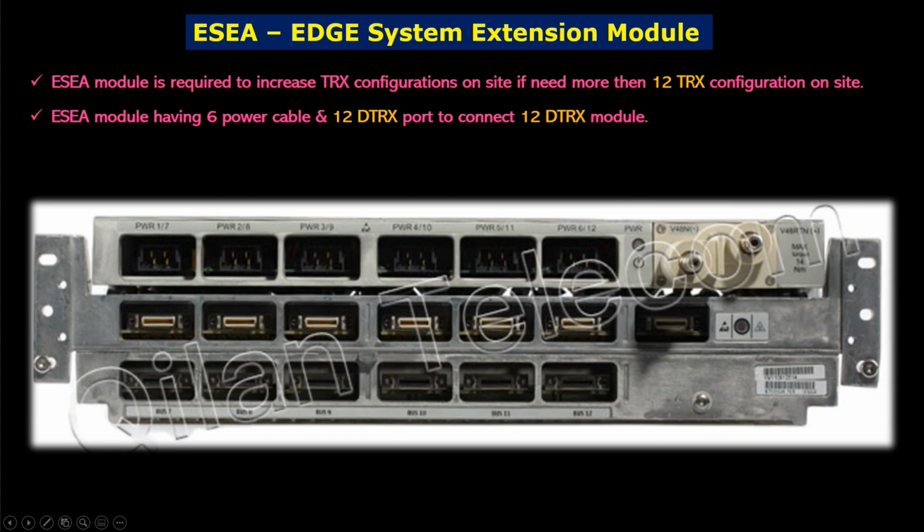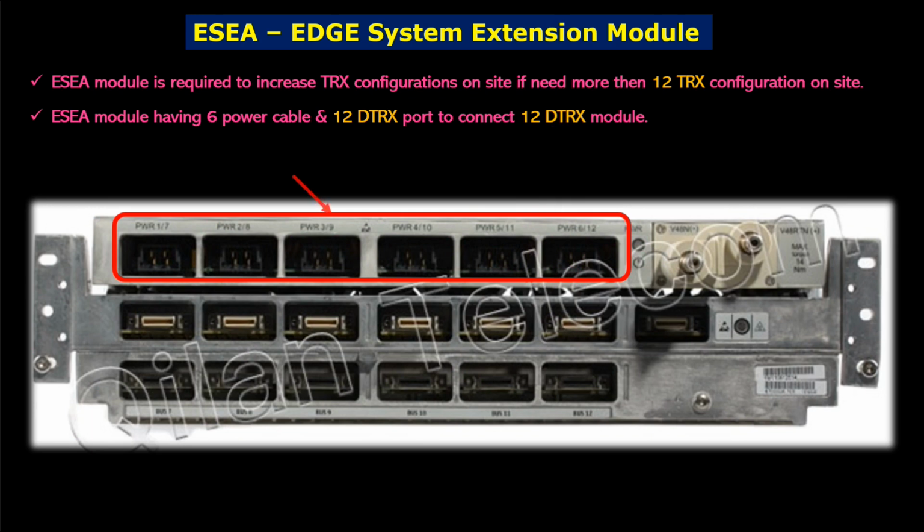So we can see here, I marked it. In this box, this is our power slot. We can take power from here to give to DTRX, but maximum we can give only 6 DTRX from here. For the remaining 6 DTRX we take power from the ESMA card.